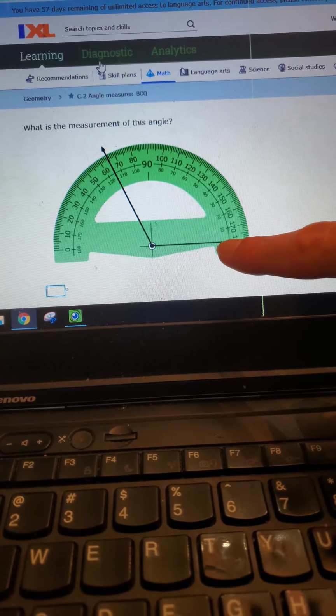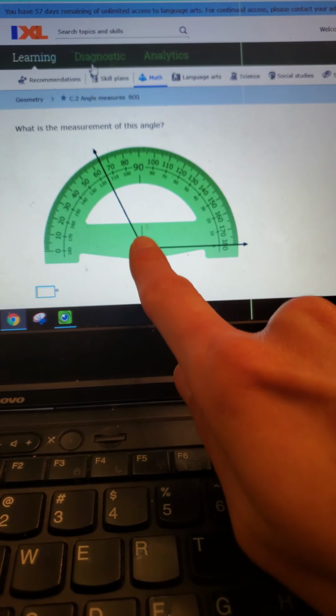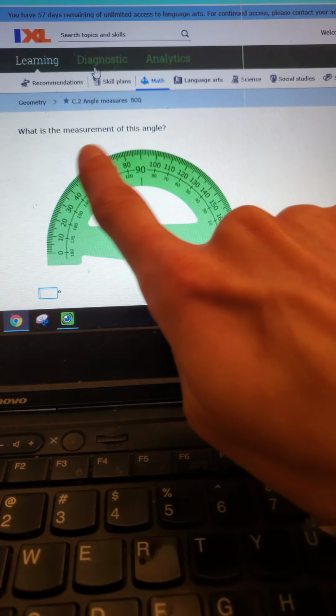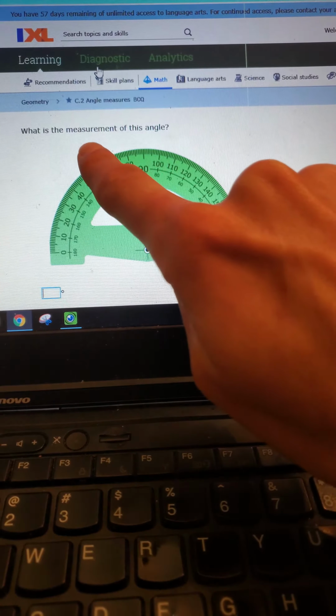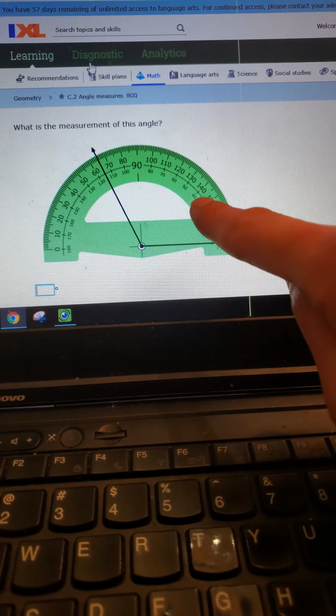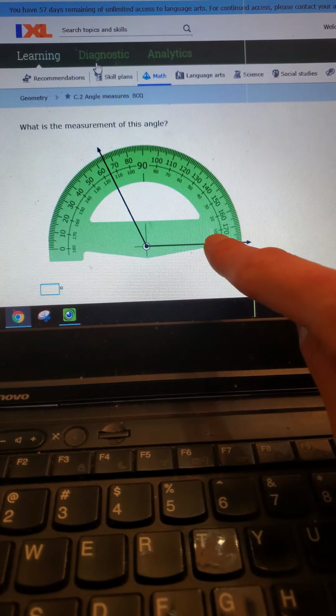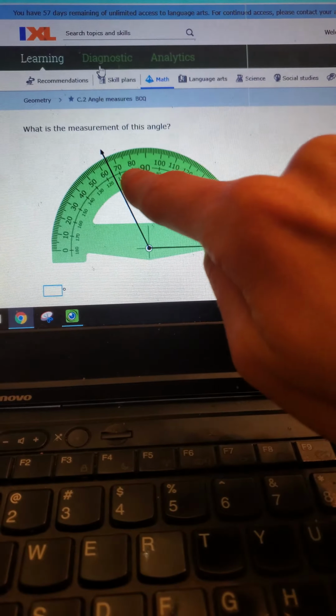This one, we're going to start over here and go this way because the 0 is right here. So again, it's going to be an obtuse angle because here's that 90-degree point and it goes past that 90-degree point. So I'm going to start at the 0, and because the 0 is on the bottom now, we're looking at these bottom numbers.